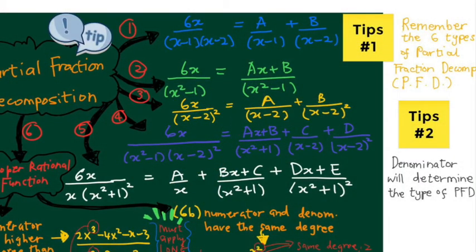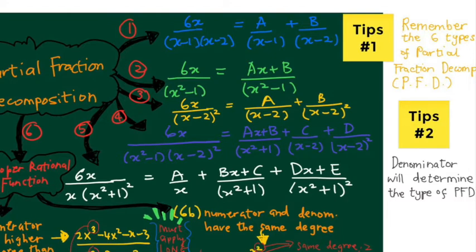Alright, so basically you need to remember these 2 tips. The first tip is there are 6 types of partial fraction decomposition that you need to remember. And the second tip is it is important for you to look at the denominator, since the denominator will determine which type of PFD, partial fraction decomposition, you need to choose.